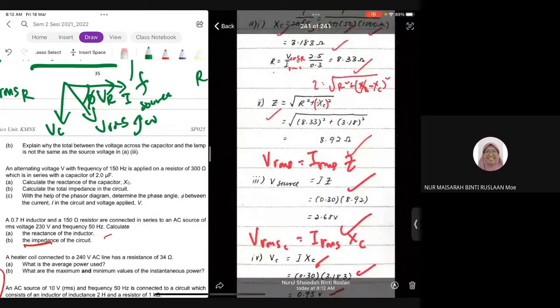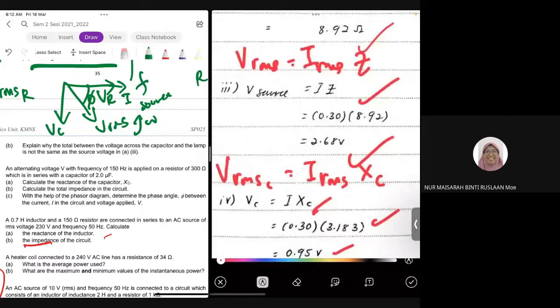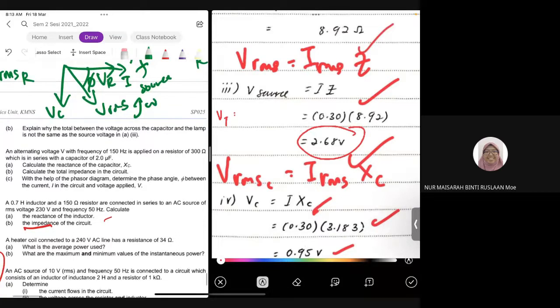So kalau you tengok dekat sini, ni, saya besarkan ni, voltage source, you get this value 2.868 volt. So kalau V total, dia tanya macam ni, V total tu we tambah lah, V total between capacitor dengan lamp, meaning VR plus VC.